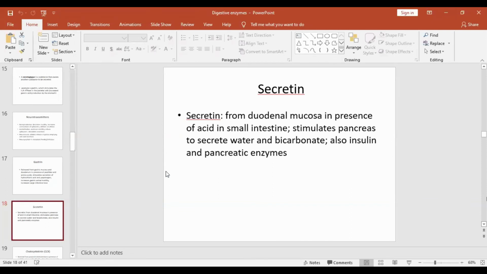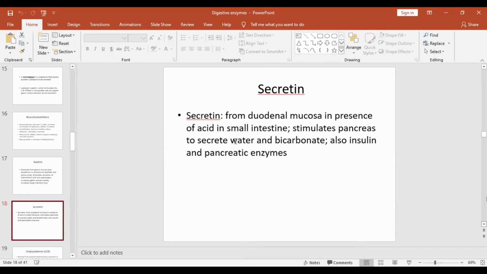That acidic environment should be neutralized by an alkali, and hence bicarbonate helps in the neutralization of the acidic component when food moves towards the lower intestine region. This is the importance of bicarbonate.